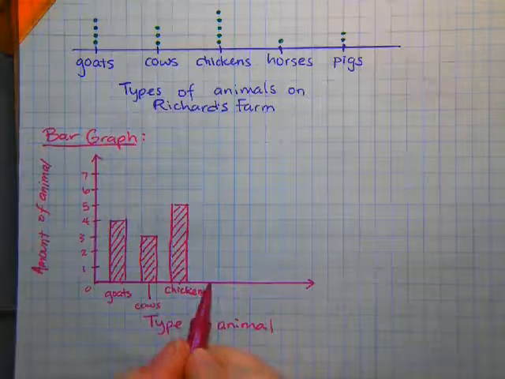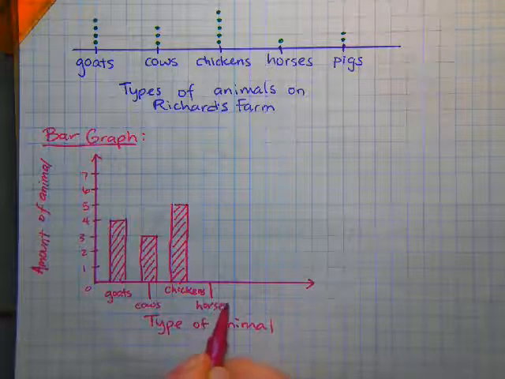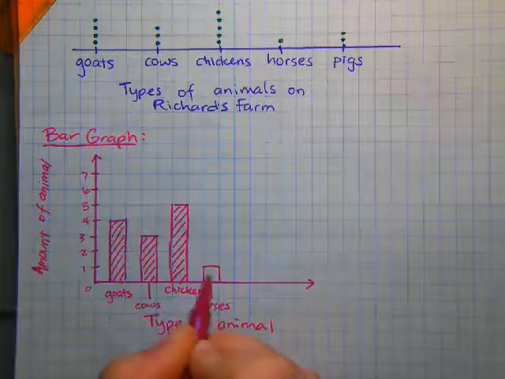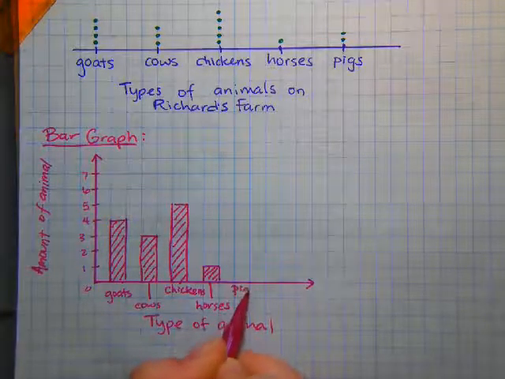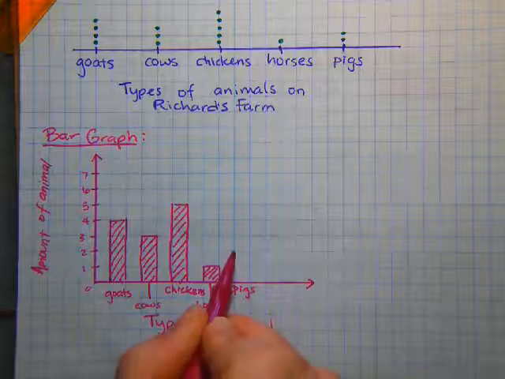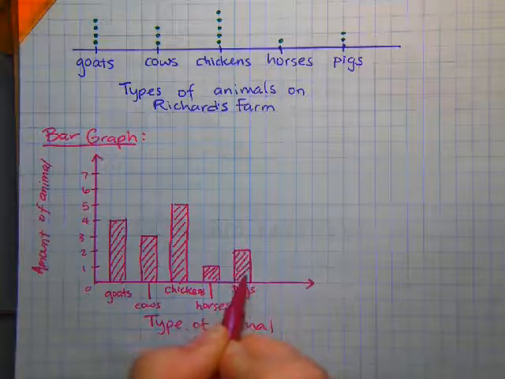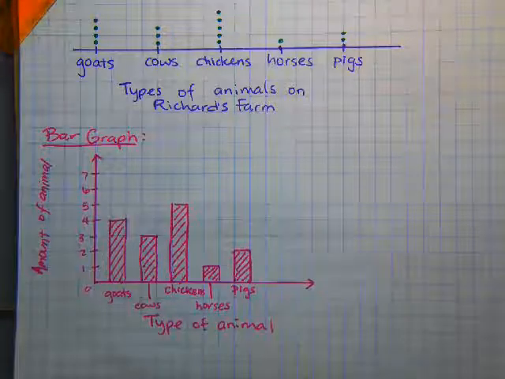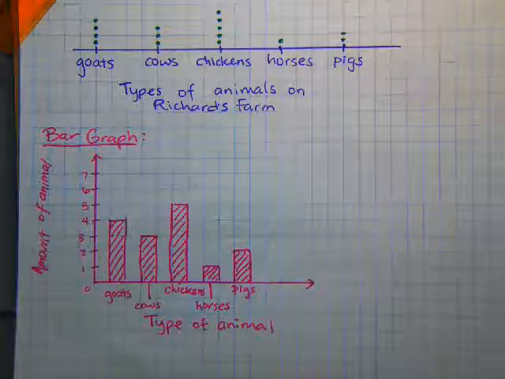And then I'll put a line down here for horses. Unfortunately, it's just horse. There's only one. And the last one is, and there's 2. And there you go. So now I have my bars representing how many of each type of animal.